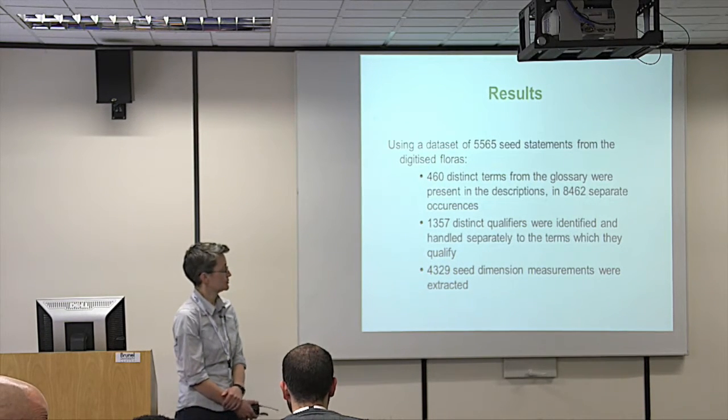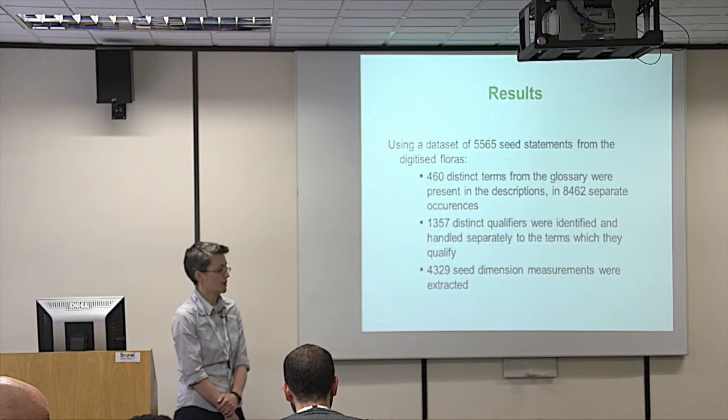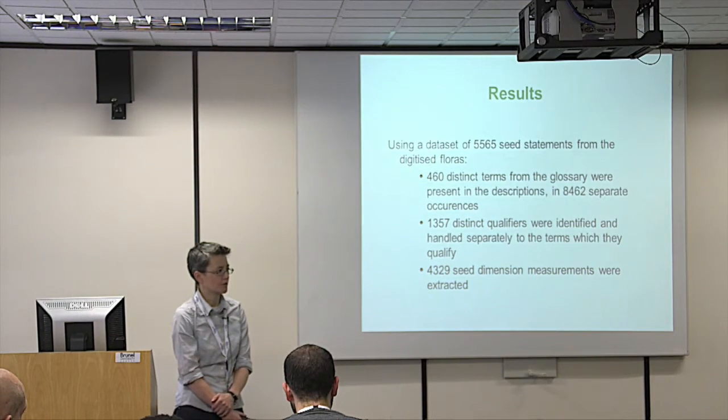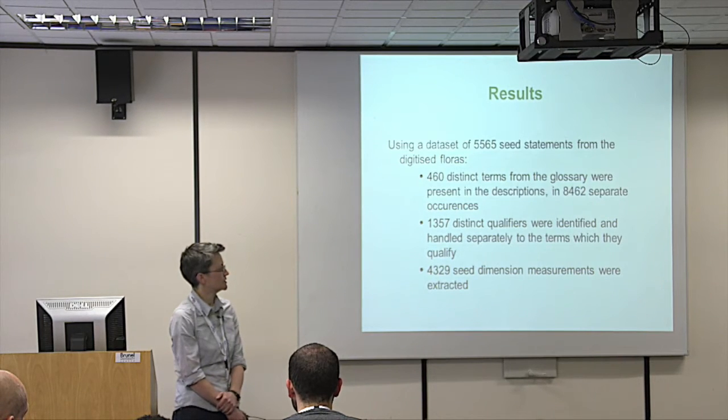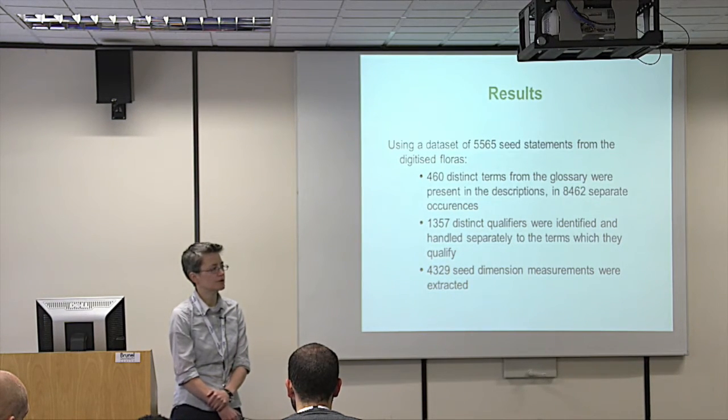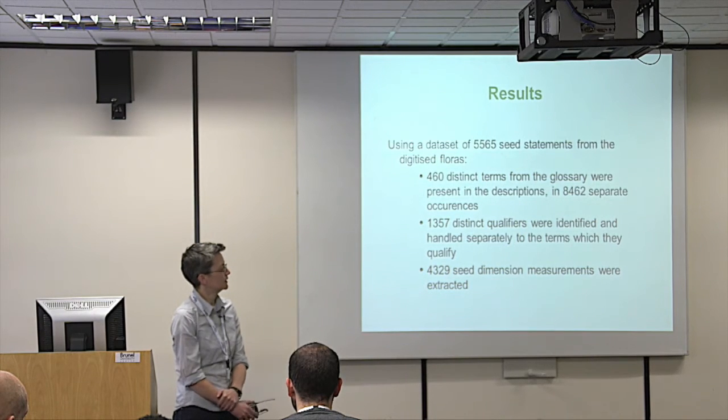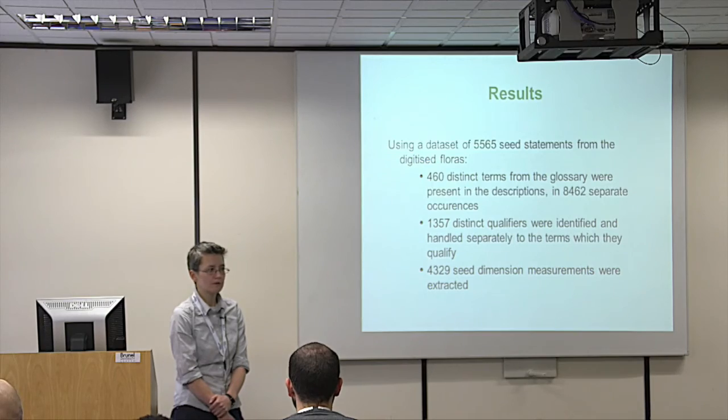We found qualifiers, so we've managed to throw away many qualifiers that would have been present in a text mining model, so make that a little neater. And we pulled out these seed dimension measurements, so we can use those in later modelling approaches as well. That's it.